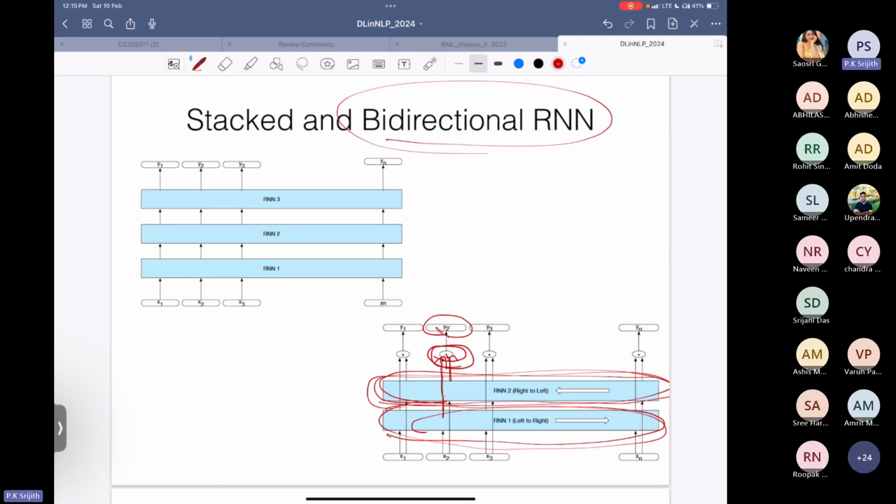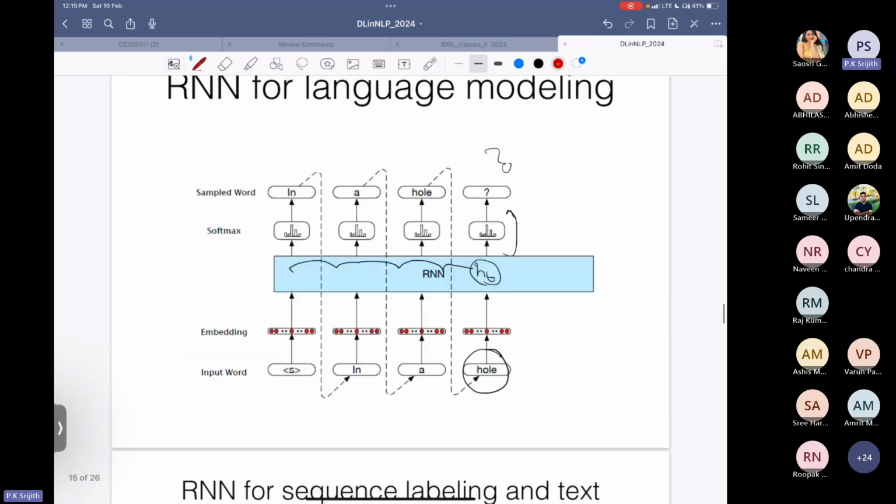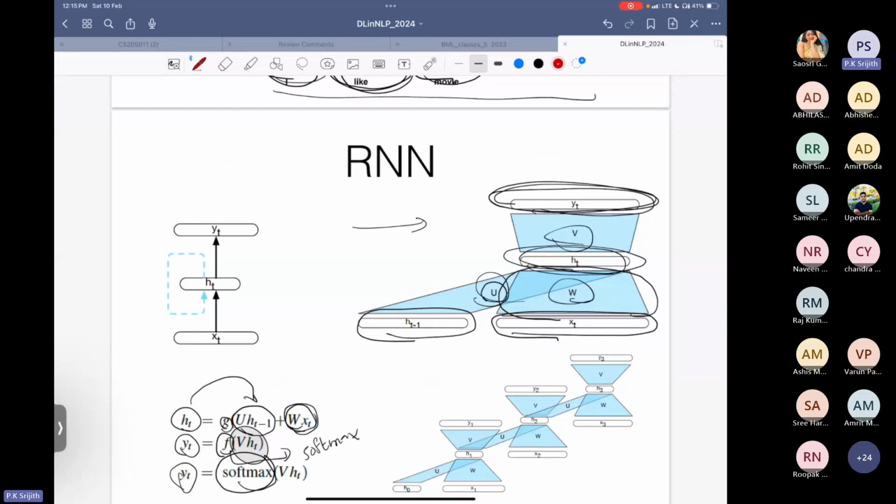Because of this recurrence in the way it models the function, right? So it recursively models the hidden states. And you see that in many of these RNN models, we don't consider these weight vectors to be position dependent. So we use the same weight vectors U, W, V in computing the hidden representations at any time t, right?